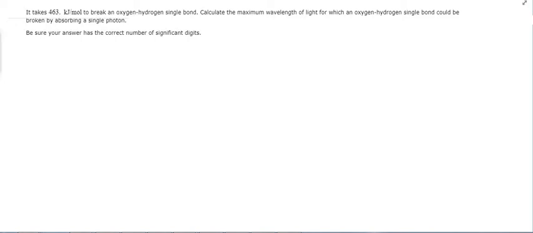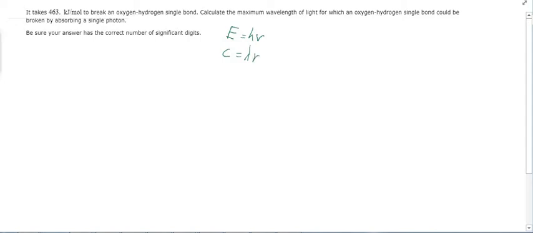Well, let's write down some things that we know here. The first thing that we know from our lecture is that energy equals Planck's constant times the frequency. We also know that the speed of light equals the wavelength of light times the frequency.